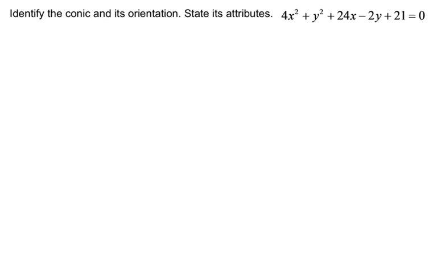Now, of course, you all know this is going to be an ellipse because we're in an ellipse video. But how do I know it's an ellipse and not a hyperbola, a circle, or a parabola? We haven't talked about hyperbolas yet, but we do know what circles and parabolas look like. How do we know? Well, we look at this. We have two squared terms. If I have x squared and y squared, I know it is not a parabola.